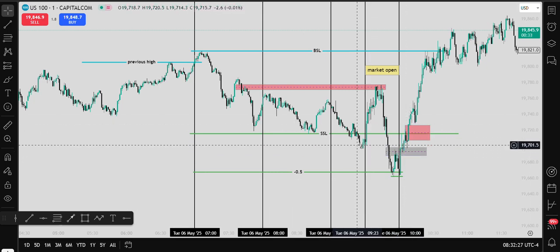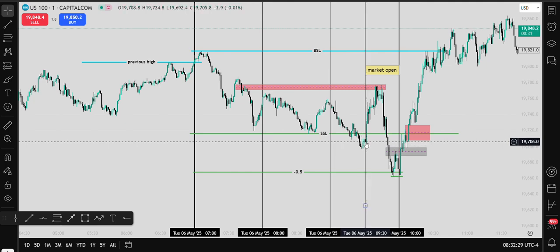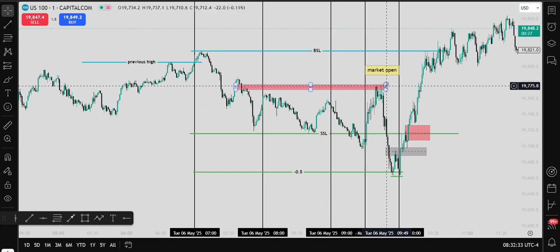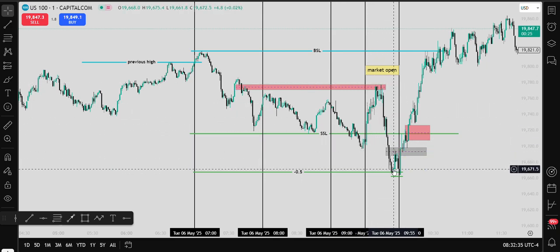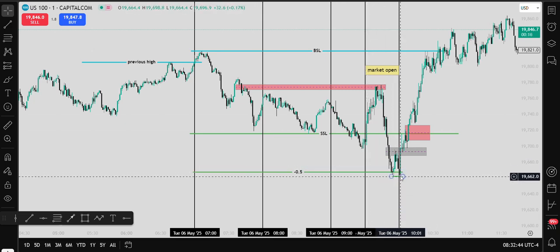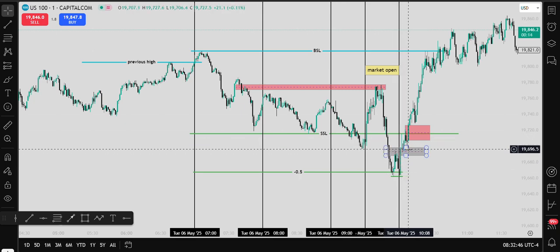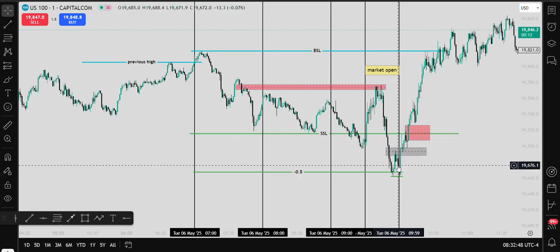Because suppose you entered right here, you would have been stopped out. But if you waited for the right time, which was in between the market open area, you can see that it gave you a chance to enter, and it was at the right time.